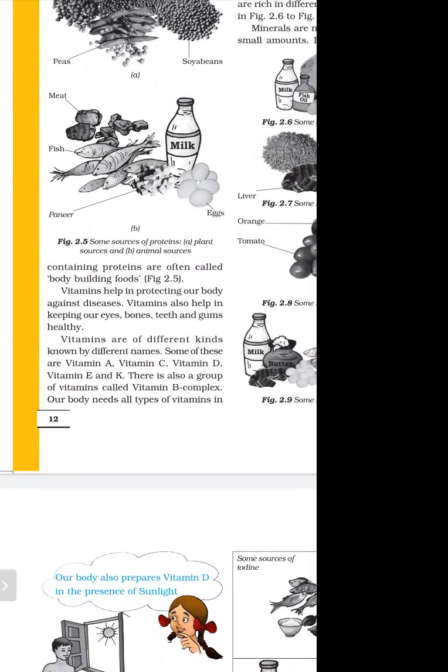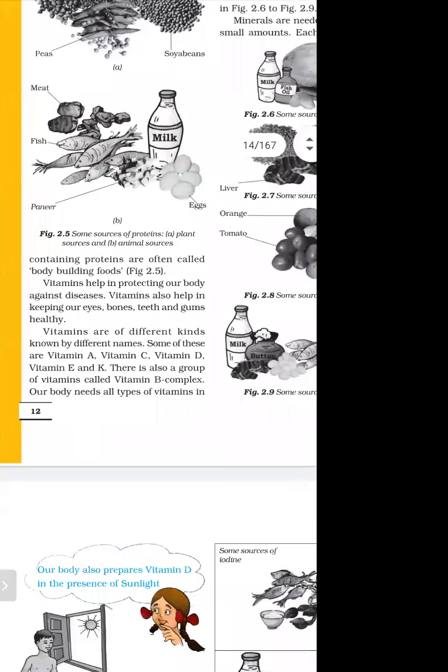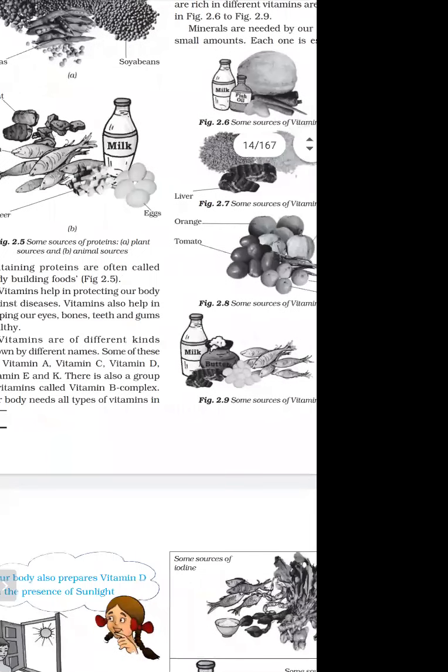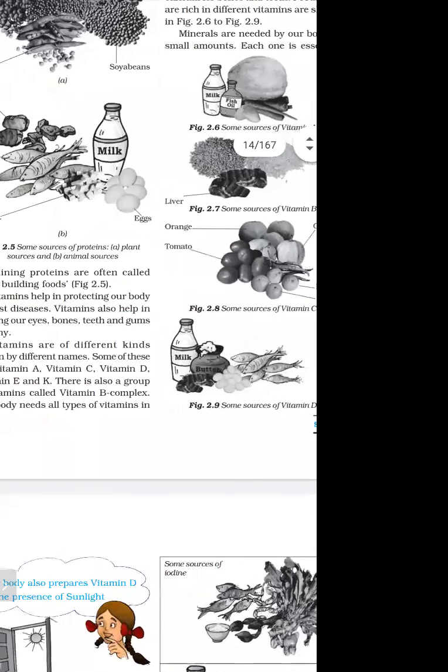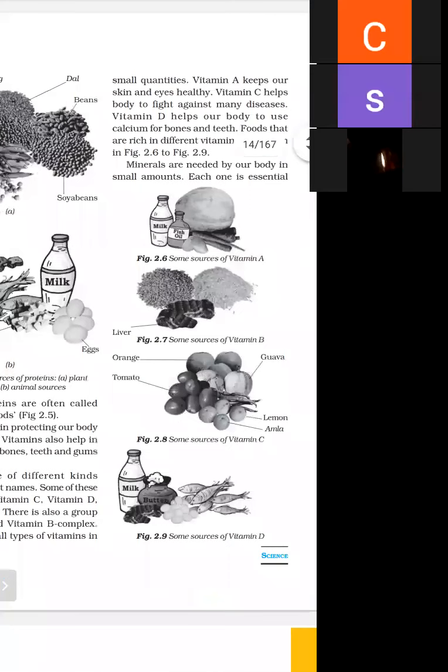There is also a category of vitamin B called vitamin B complex. Next, what is the function of vitamin A, vitamin C, and vitamin D?